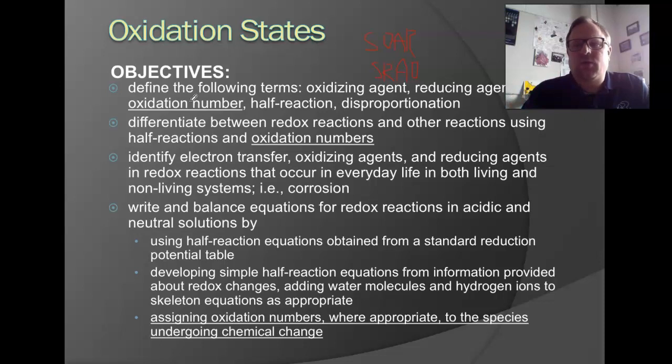We're still going to continue to talk about redox reactions and electron transfer, and continue to write balanced equations for redox reactions in acidic and neutral solutions. We've done these first two already, but I want to show you how to do oxidation numbers and how to balance using oxidation numbers. We're going to get into that shortly.